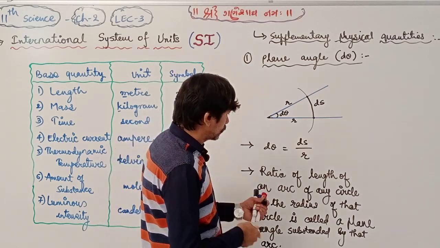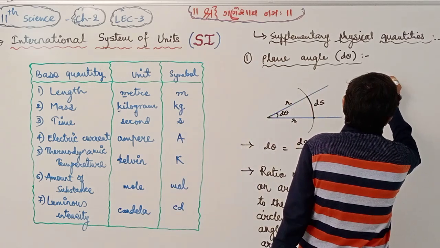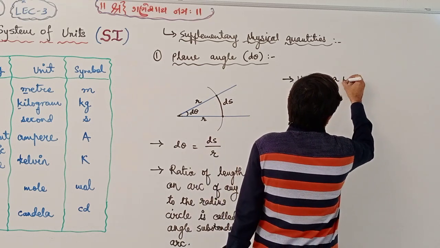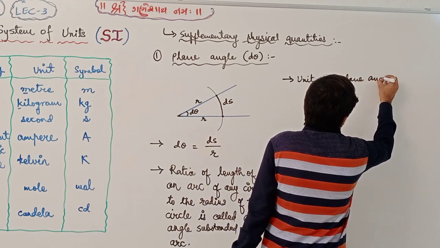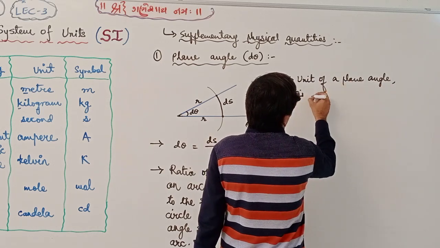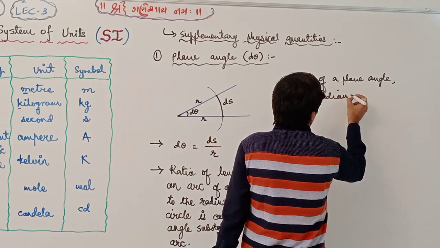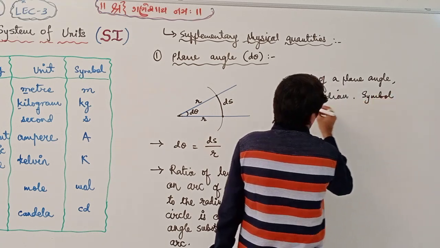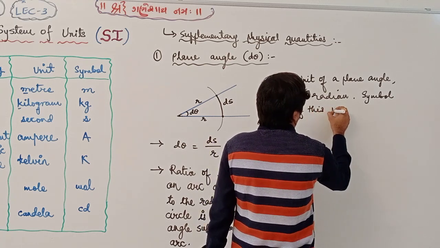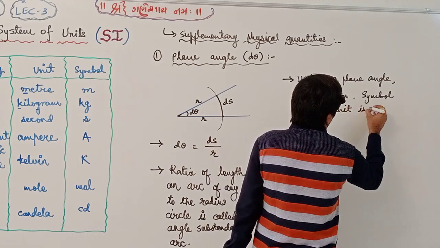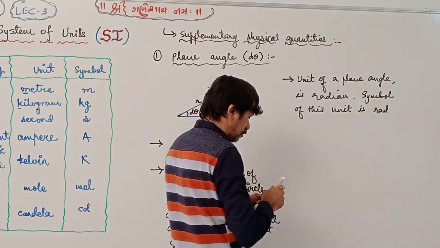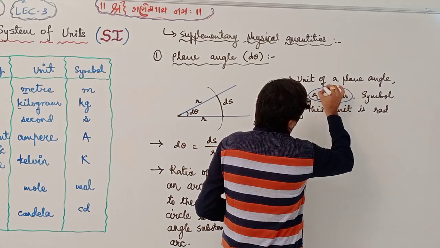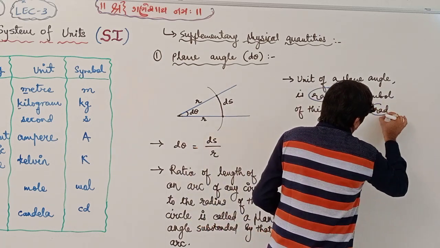So the unit of plane angle is radian, and symbol of this unit is rad. Don't forget, here is the unit of a plane angle and this is its symbol.